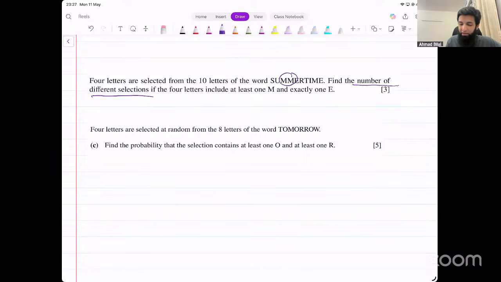So M's and E's, we are not going to apply the combination function on them. And in this question, we are finding probability of a certain selection. In probability questions, when you have repeated objects in combinations, you have to treat all letters as different. So you will be selecting from the R's and the O's as well in this case. Okay.